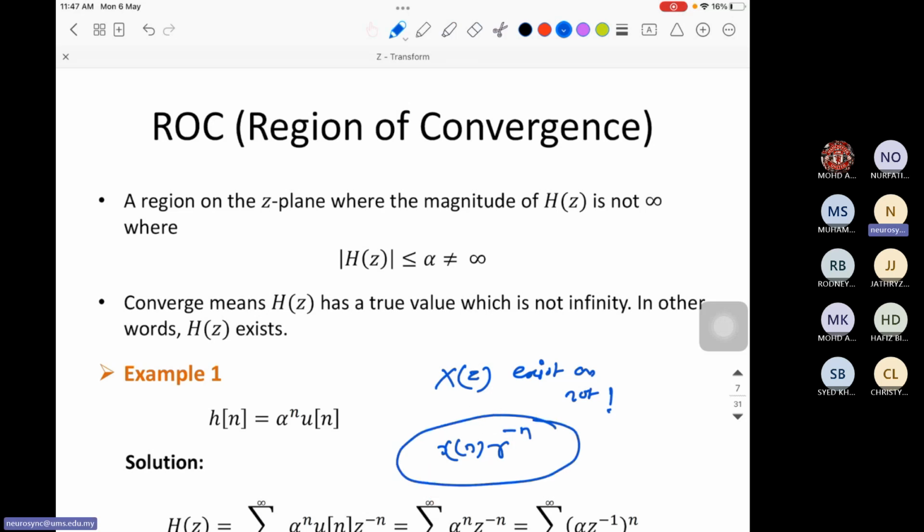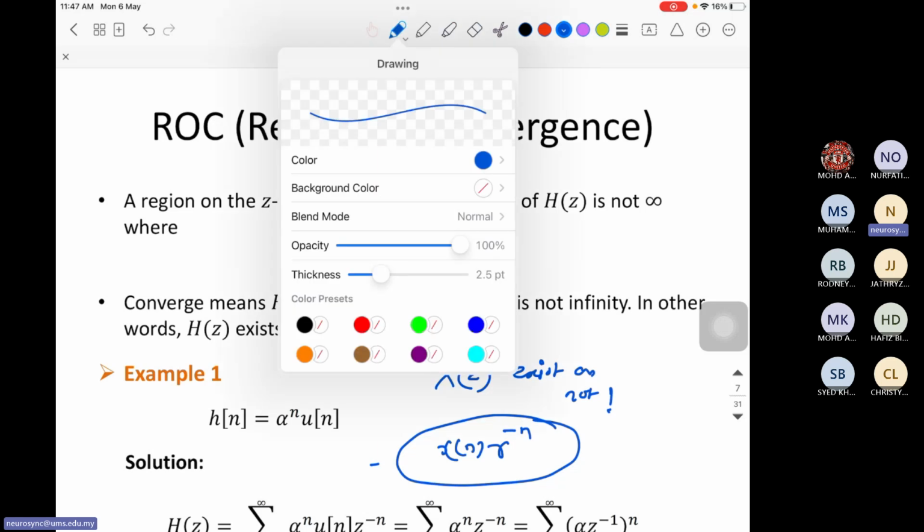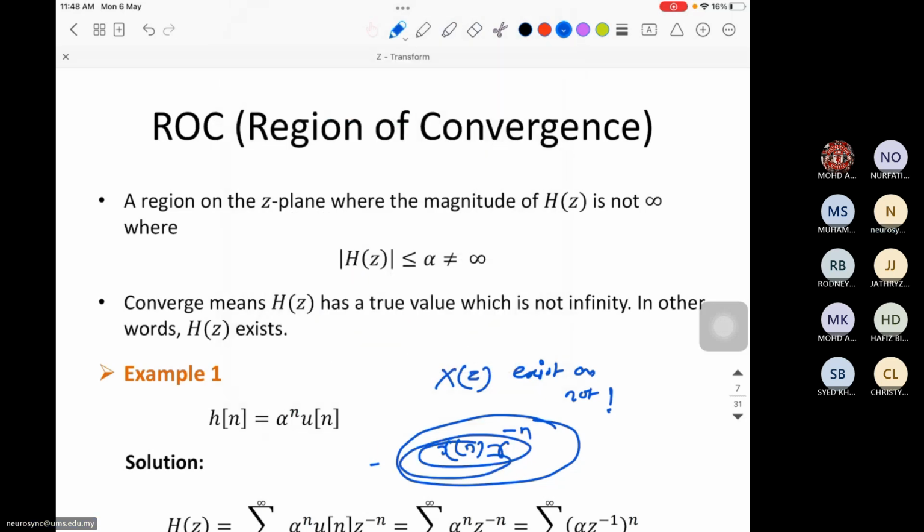There is one sufficient condition for the existence: you need to check whether this new sequence x(n) r^{-n} is absolutely summable or square summable. These two things we need to check. Both absolute summability and square summability are sufficient conditions for this.